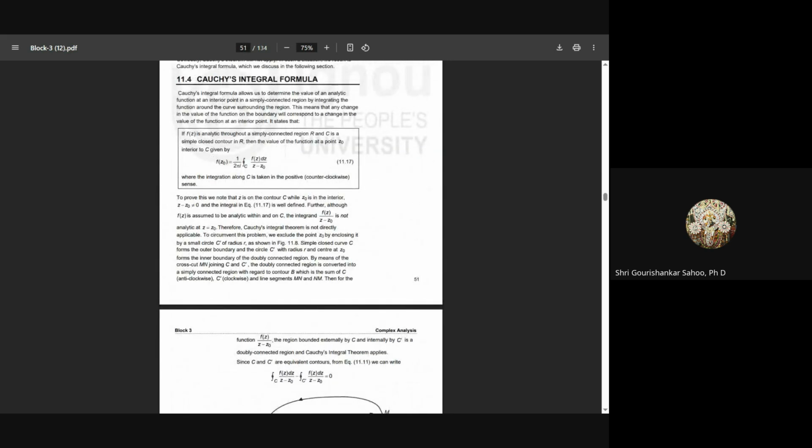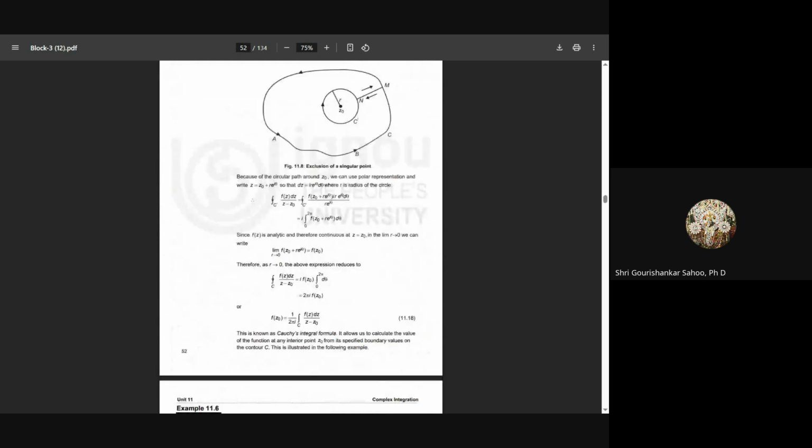Then the Cauchy integral formula: f(z0) is equal to 1 by 2 pi i times the integration over the closed contour of f(z) dz by (z minus z0). And you can see it here by making a cross cut, and it is the proof.